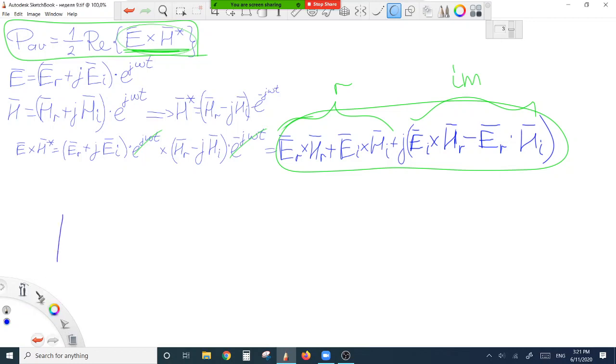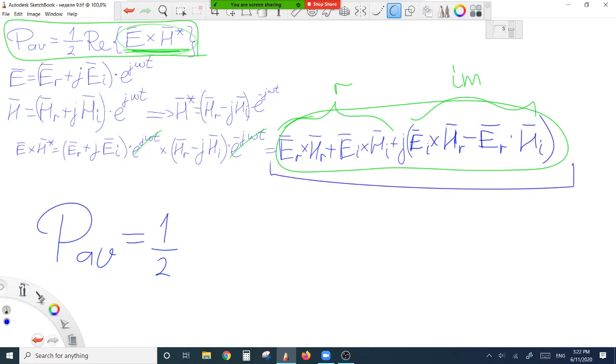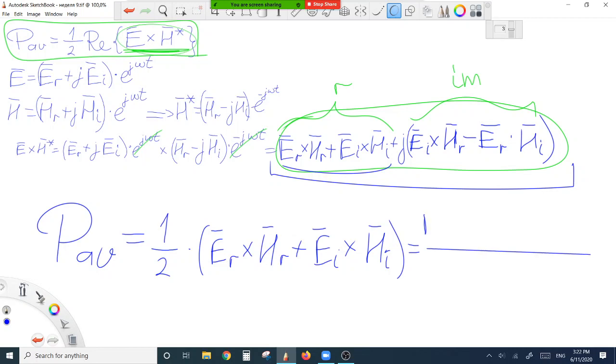So if we write 1 over 2 and take the real part of this number, we get E real cross H real plus E imaginary cross H imaginary, over 2.